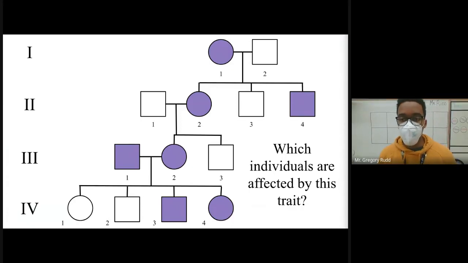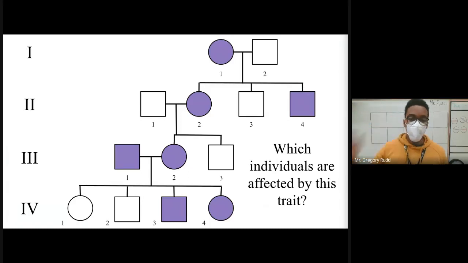Good, Dijon, thank you. Then we've got II2 and II4. Thank you, Dijon. Anybody else? Who else is affected by this? IV3 and IV4, good. And then, of course, we've got III1 and III2. So this is how we actually refer to a specific individual.